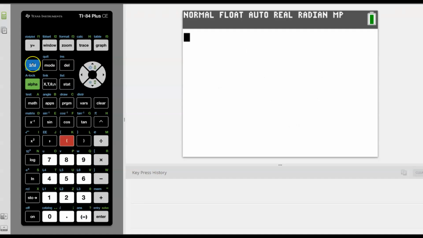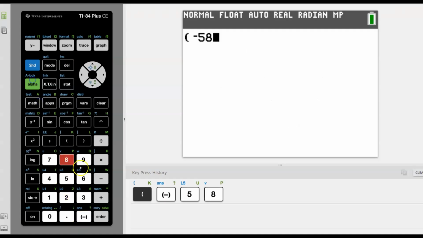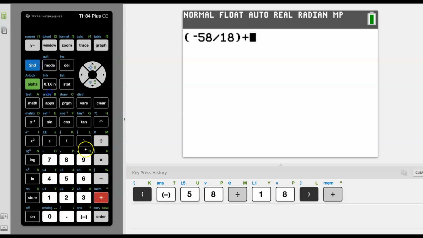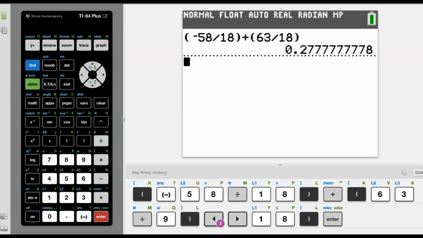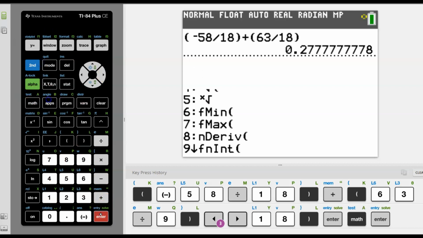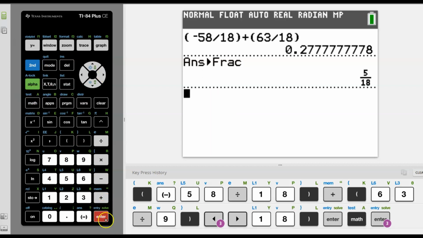You can also add your equations even when they're not in that same form.